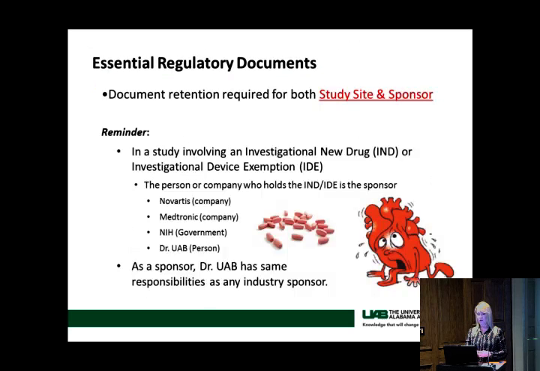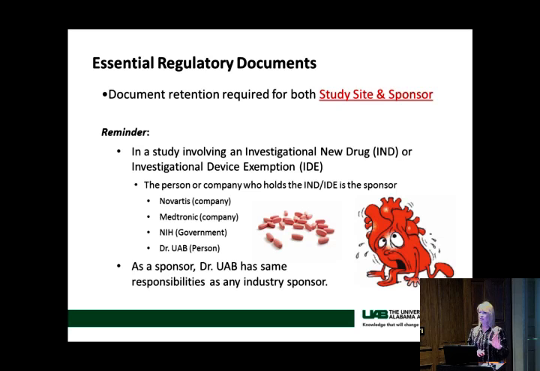A little more on essential regulatory documents and why we want to make sure the sponsor has theirs: as I mentioned, the ICH 6 tells you what stays on their site and what stays on ours. Another important thing is that within your group, you may not have all your essential documents in one place. In the Cancer Center, we have essential documents in the trial master file, but the clinical team also keeps essential documents in our research chart, shadow chart, whatever it's called.